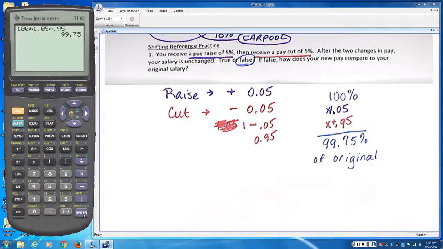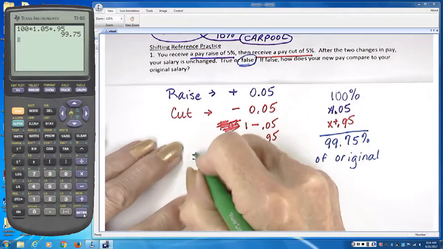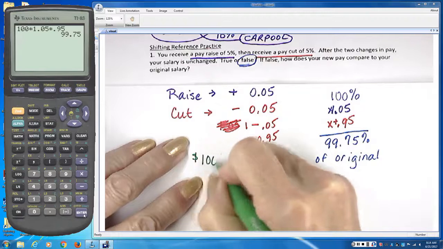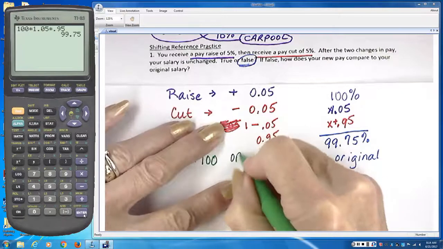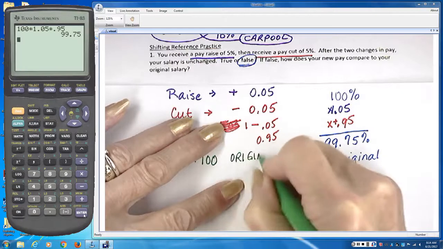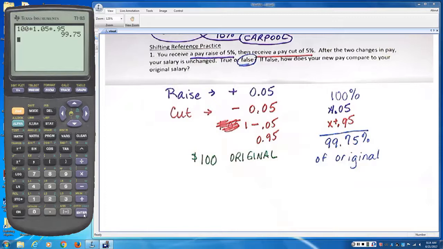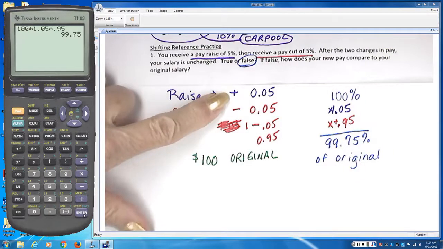And going to the idea, like we did last time, of, okay, what if my original salary is $100? If I get a 5% raise, how much is my raise? $5.